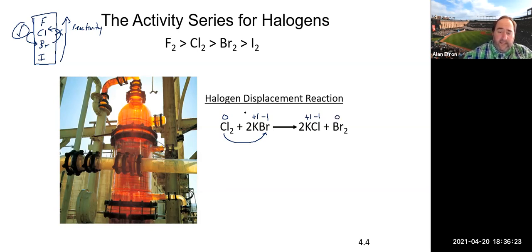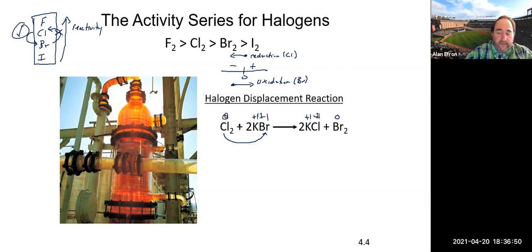So here we see chlorine going from 0 to -1, heading in that direction, going through reduction. And we see the bromine starting at -1 and ending at 0, going through oxidation. And so this reaction would take place.